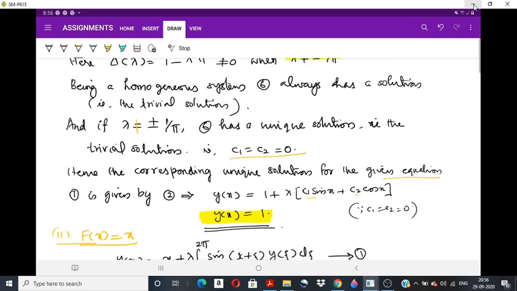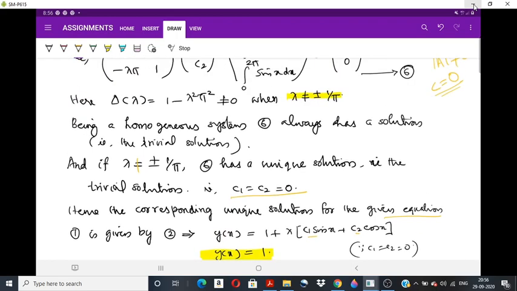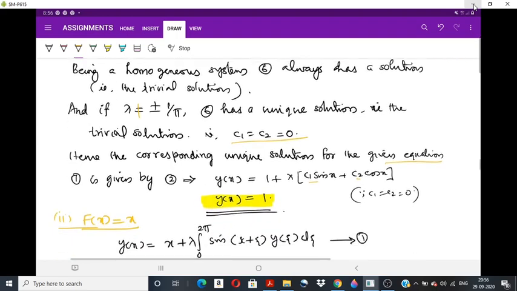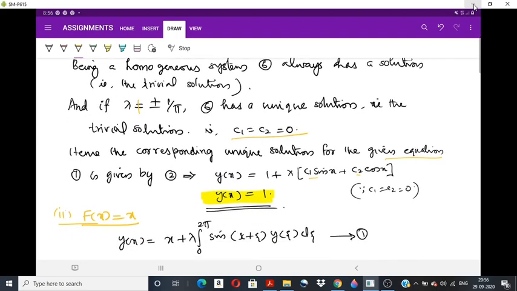This is because we know that when lambda is not equal to plus or minus 1 by pi, the only possible solution is y of x equal to f of x.